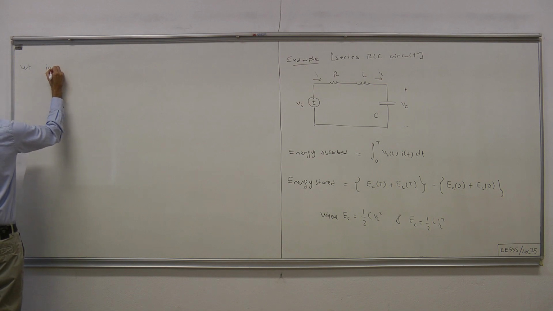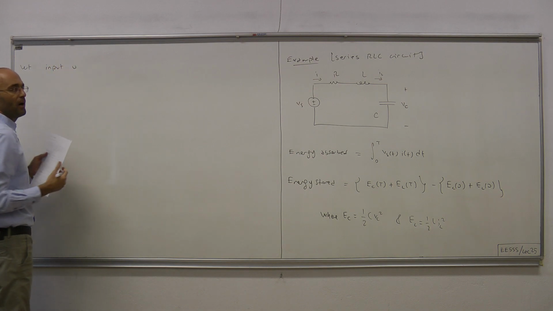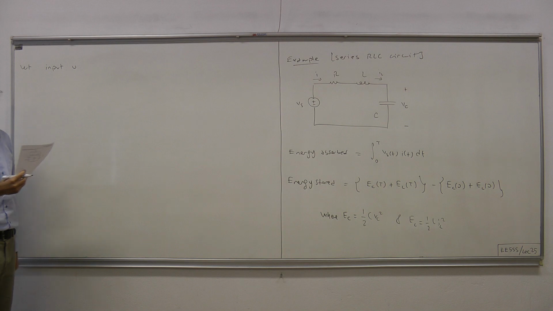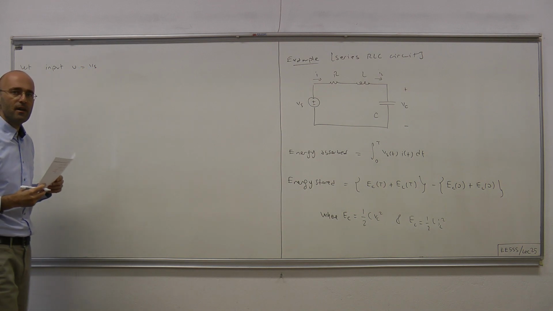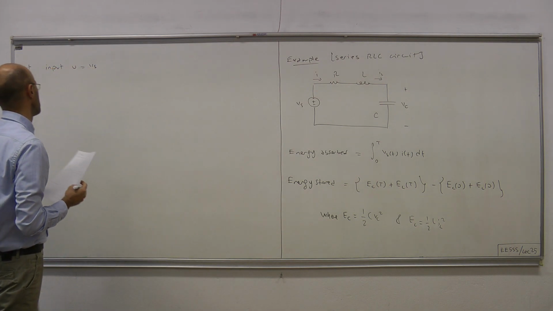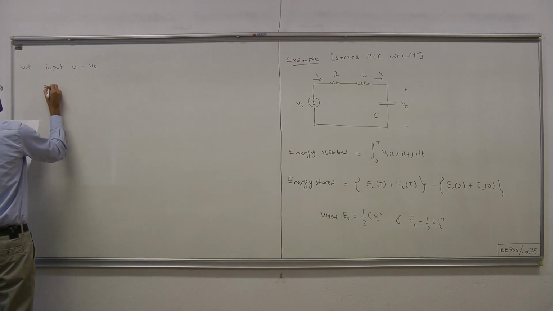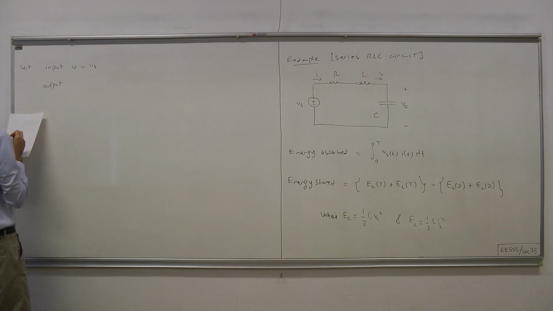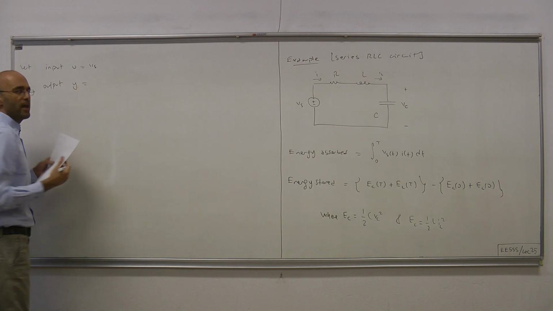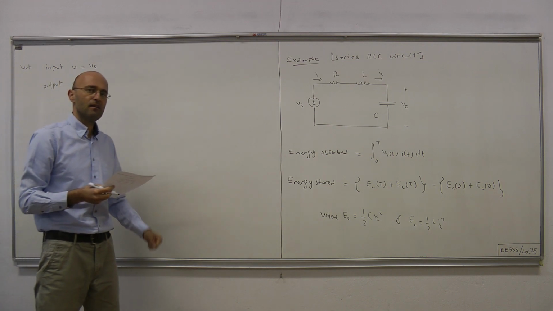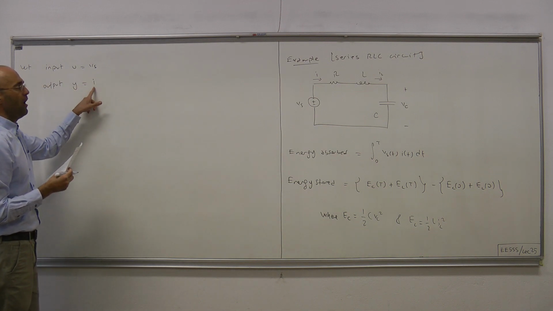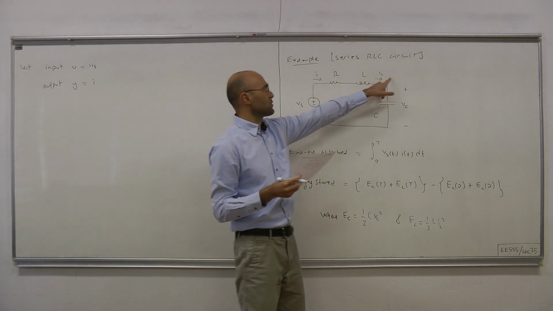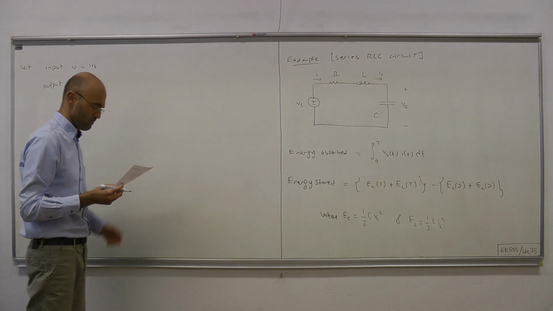Let the input be denoted by U, and in this case the input is the voltage provided by the external voltage source, and the output is denoted by Y, and it's the current extracted by the RLC circuit from the source. It's simply I, or the inductor current, because they're the same by KCL.